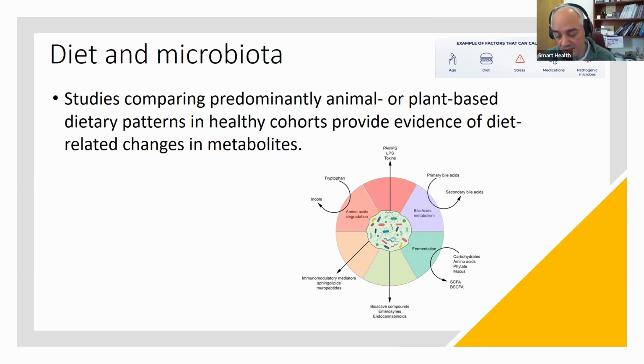Okay, so metabolites: we're talking about the production of secondary bile acids, which is the purple part; the fermentation, the green part, of carbohydrates and other substances into short-chain fatty acids; the production of bioactive compounds; the regulation of the immune responses; and also degradation of specific amino acids to produce health-promoting compounds, such as the conversion of tryptophan into serotonin or indole.